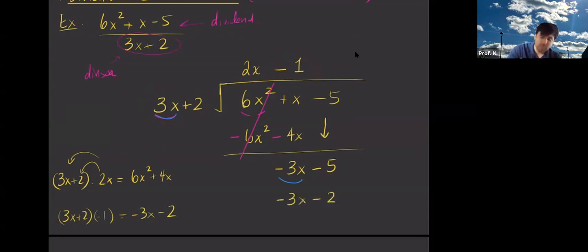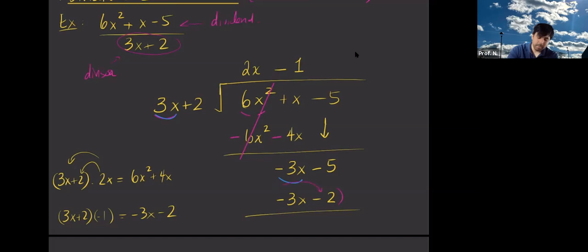-3x minus 2. But be careful. What are we doing? We are subtracting it. So this thing is going to appear again and again. We're subtracting the product. And now what happens when we subtract it? You see why we're doing this? When you subtract it, what happens to the -3x on the bottom here?